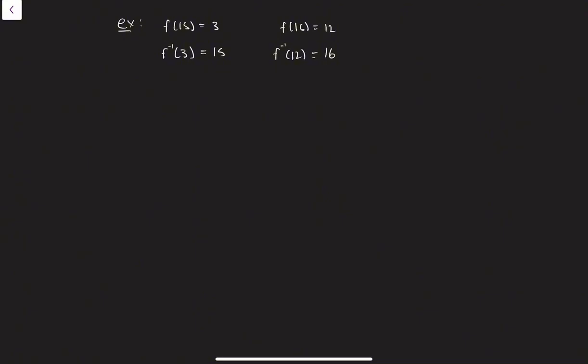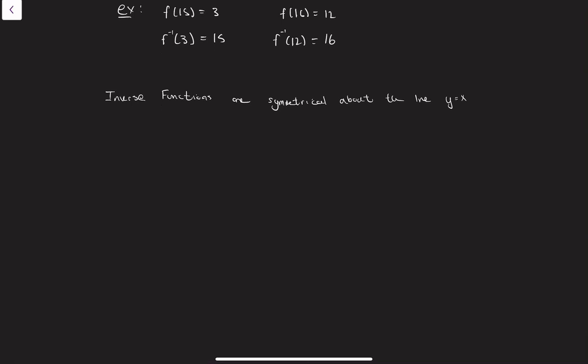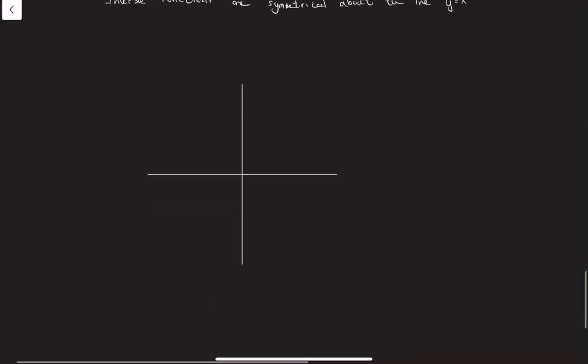Graphically speaking, we can say then that the inverse functions are symmetrical about the y-axis, or sorry, about the line y is equal to x. What do I mean by that? Let's say we have this graph, and let's draw this line y is equal to x.